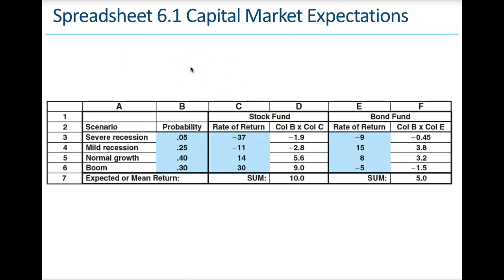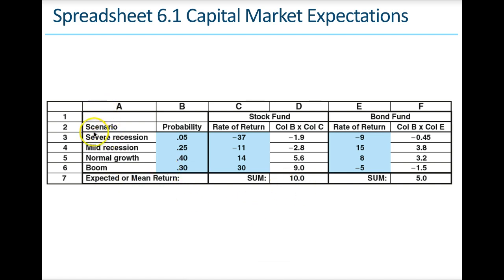Okay, so if we look at capital market expectations, here is a series of outtakes from a spreadsheet that I'm going to review later in a separate video. It should look familiar from last chapter, and we're calculating the expected or average returns.